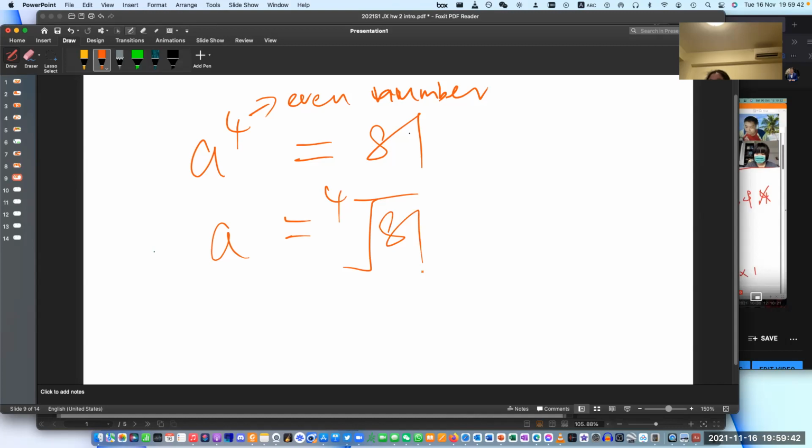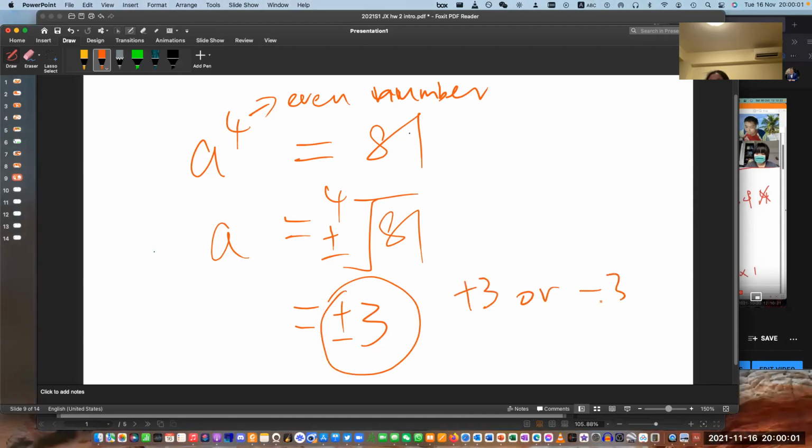All right. So if you press this into your calculator, it will only give you one answer. But since this power is an even number, you need to have plus minus. So therefore, you can write it this way, or you write it +3 or -3. Are you clear?